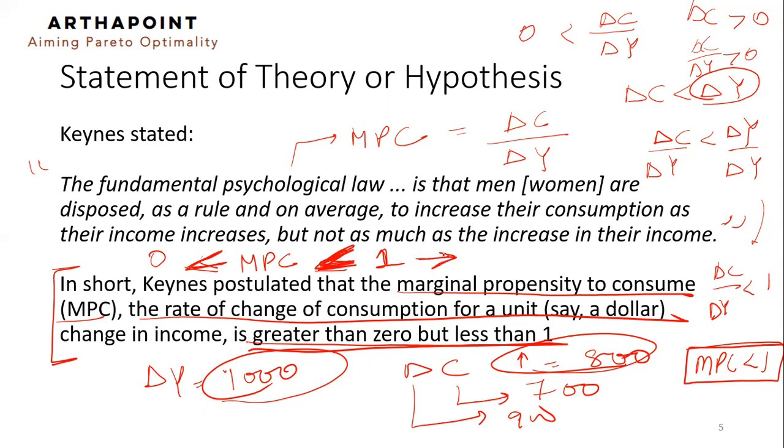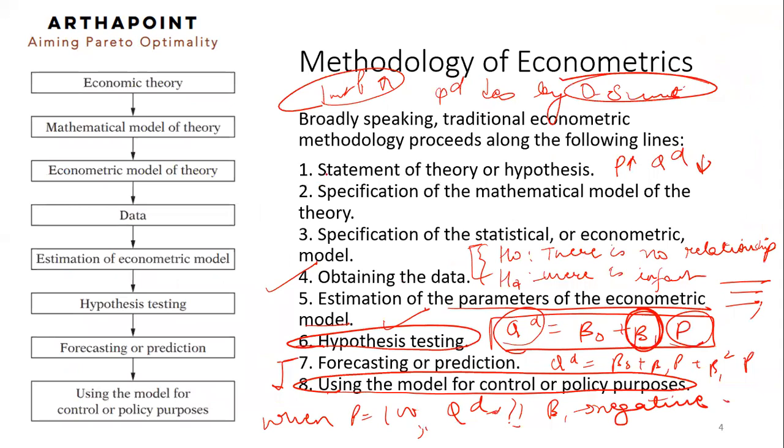It is nothing but, in general terms, the statement that whenever your income increases, you will increase your consumption, but you will increase your consumption by an amount which is lower than the increase in income. So anyhow, this is the first step in which you give the statement of the theory.